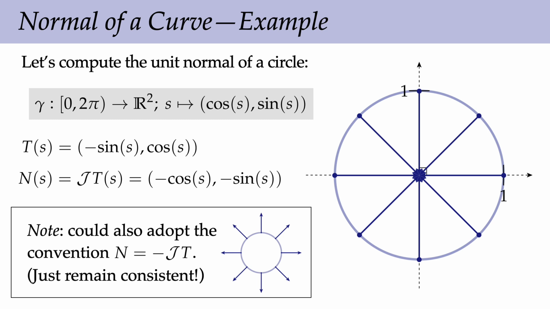That's also a vector that sticks straight out of the curve in some way. Well, you could do that. There's absolutely nothing wrong with doing that. The only thing that you should make sure to do is stay consistent, right? If you defined the normal one way on one curve, define it the same way on another curve. Otherwise, you're going to get sign errors creeping into your calculations.